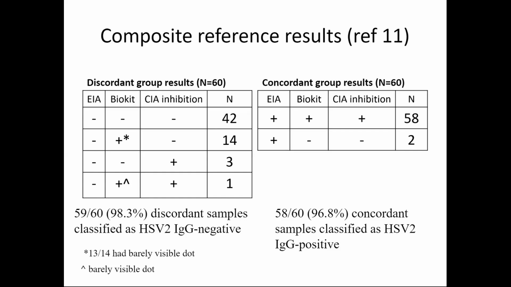So maybe this number should have actually been 59 of 60, 100%, but we'd already set up the criteria, so we followed them and came up with 98% of the discordant samples classified as HSV-2 IgG negative. In the concordant group, 58 samples were positive in all 3 assays, and 2 samples, even though they were positive by EIA, were negative by BioKit and by CIA inhibition.